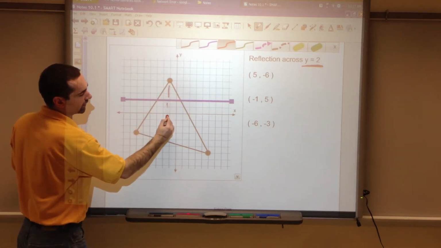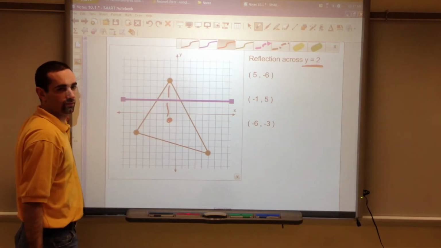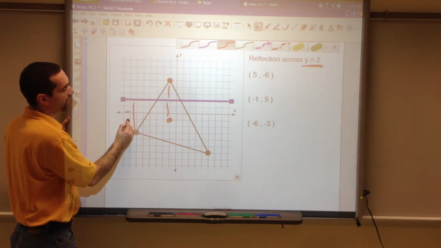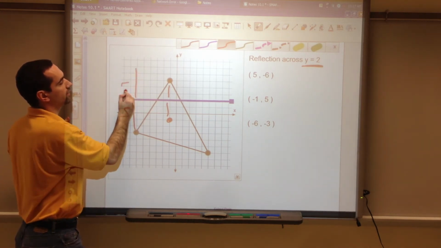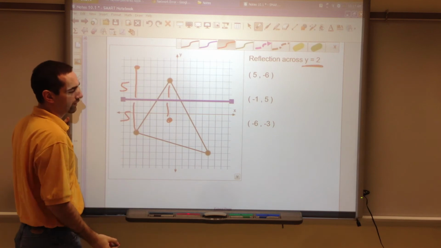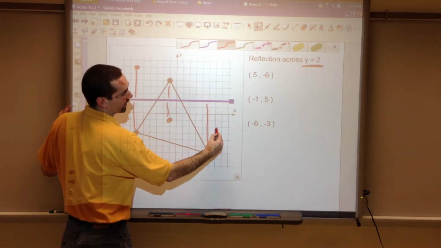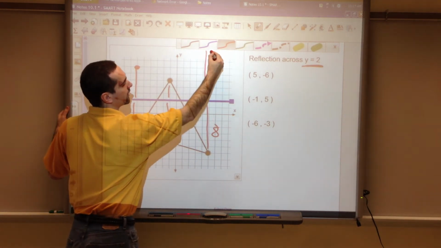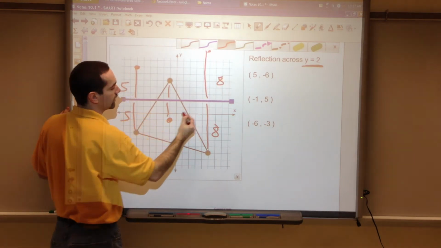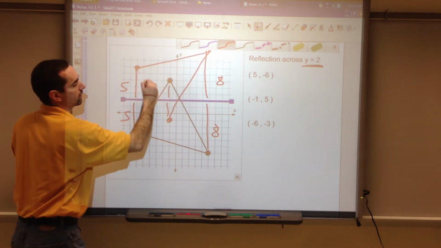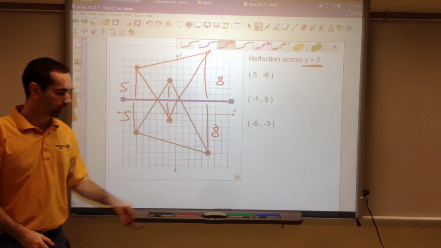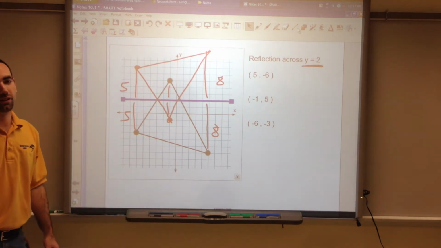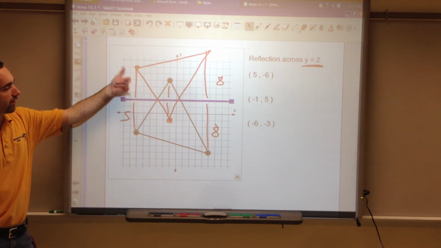Distance of 3, distance of 3. Distance of 5, distance of 5. Distance of 8, distance of 8. This goes off the graph. And there is my new reflected triangle.